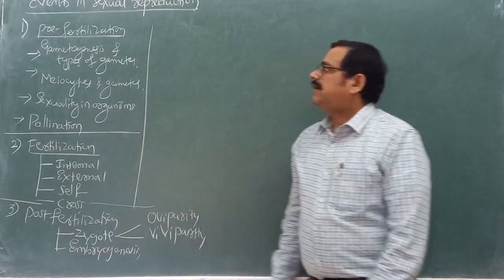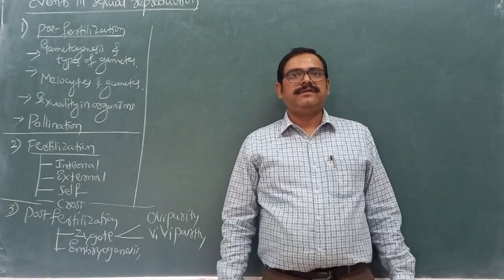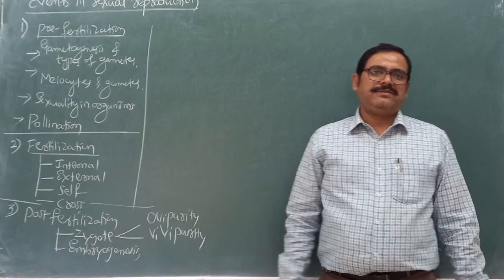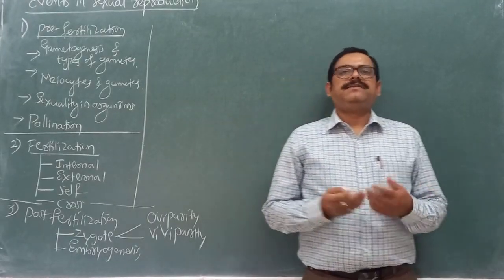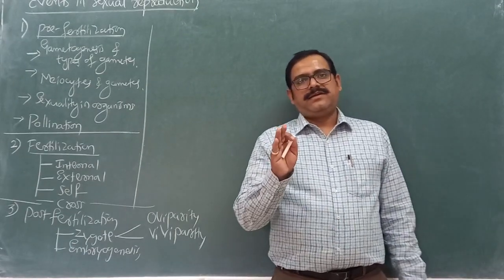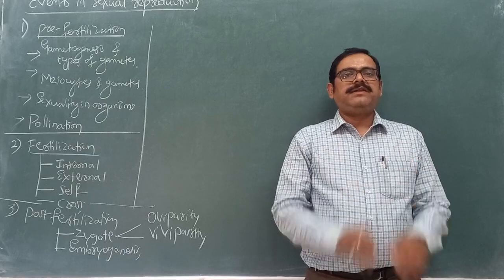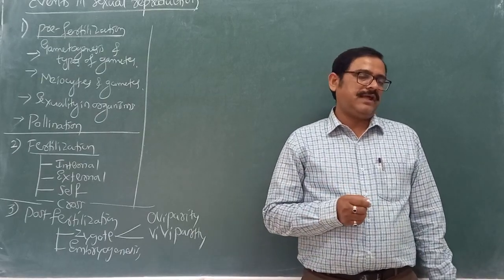As we are discussing the pre-fertilization events, what do you mean by gamete? My simple question: gamete represents what? It represents the haploid set of chromosomes. The gamete needs to be formed as haploid in diploid organisms.